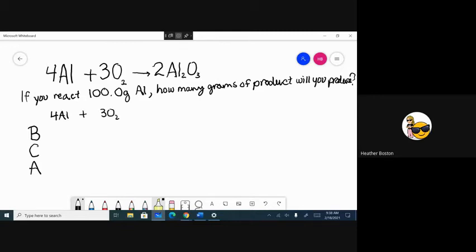So we're going to make columns for each of the reactants and the products. Remember, in order to use a BCA chart, we have to have moles. So we're given grams in this situation. Now, you don't have to keep doing these conversions on paper. Once you get good at this, you'll recognize that if I want to change grams to moles, I divide by the molar mass.